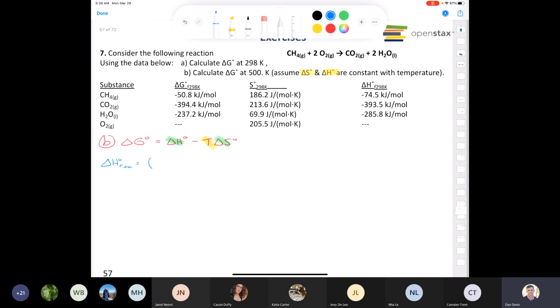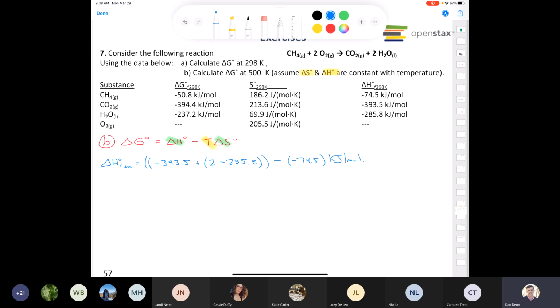So for my products, I have my carbon dioxide, which is negative 393.5 kilojoules per mole, plus I've got 2 times negative 285.8 kilojoules per mole. So I've got all that, and then I'm going to subtract the heat of formation of my methane, which is negative 74.5, and all of that is kilojoules per mole.